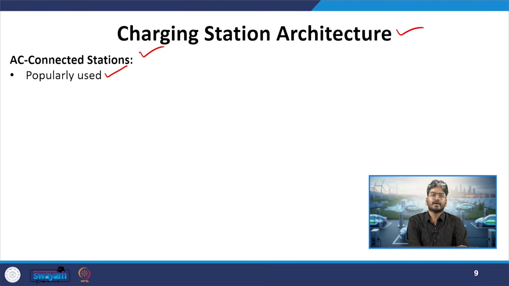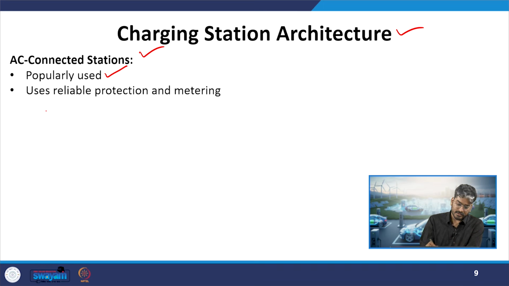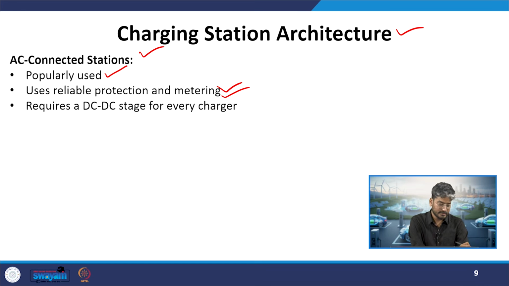So, we can directly connect our charging stations to the AC grid which is available with us. It also uses reliable protection and metering, because the AC grid is our conventional grid, and we have had that for a long time. So, we have protection mechanisms and ways of measuring and metering the power being consumed. Those things are readily available with us when we go for AC connection of the charging station.